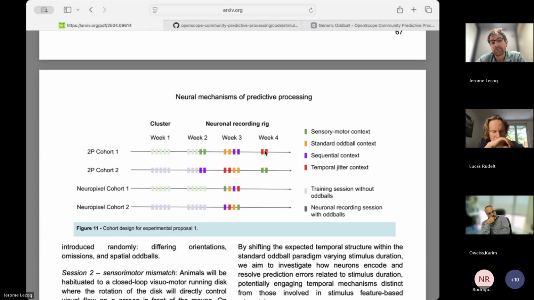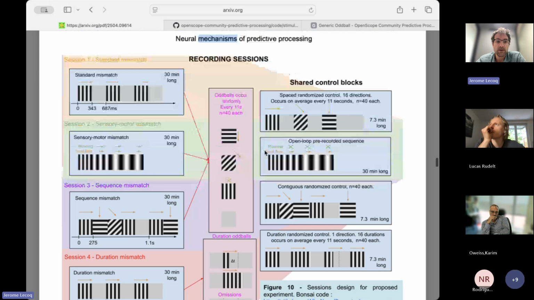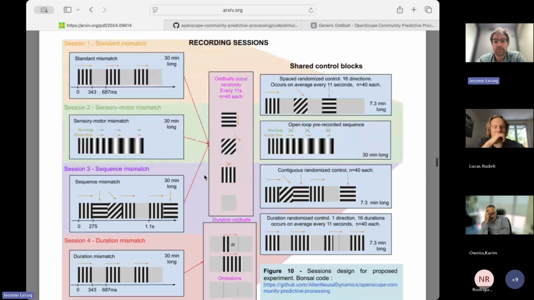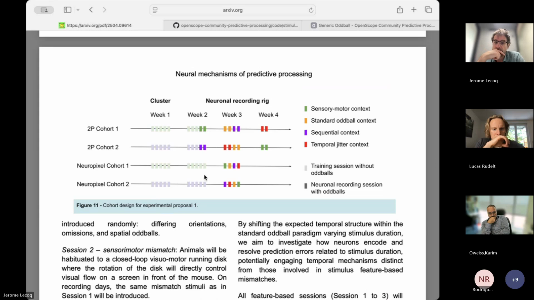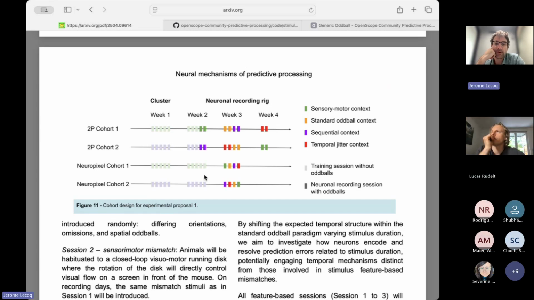Okay. Because you're not sharing the mismatch block. Is it crucial to relate them? Yeah, that was one of the targets. Yes, it's important because we want to compare the responses that change during the mismatch block.